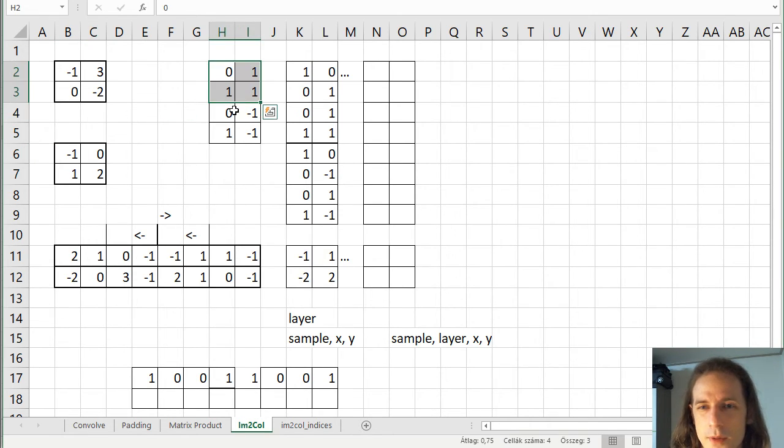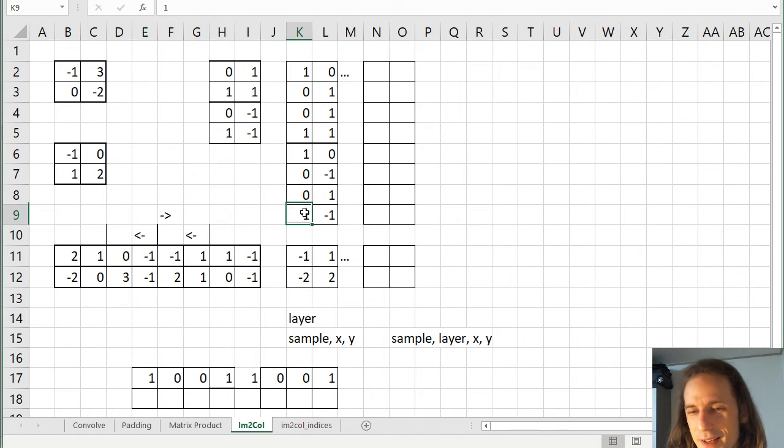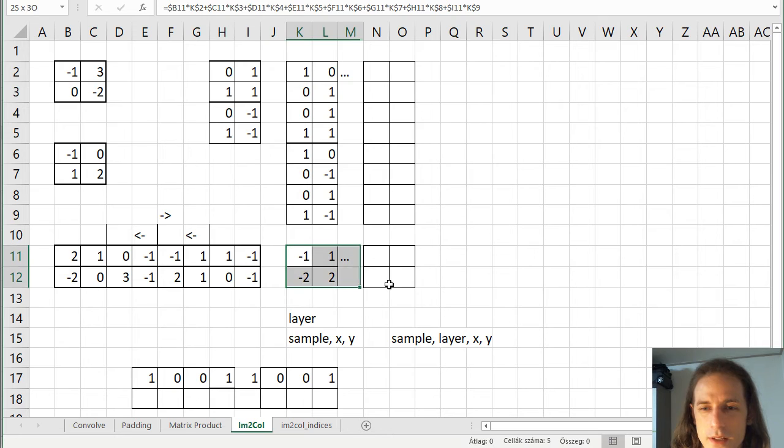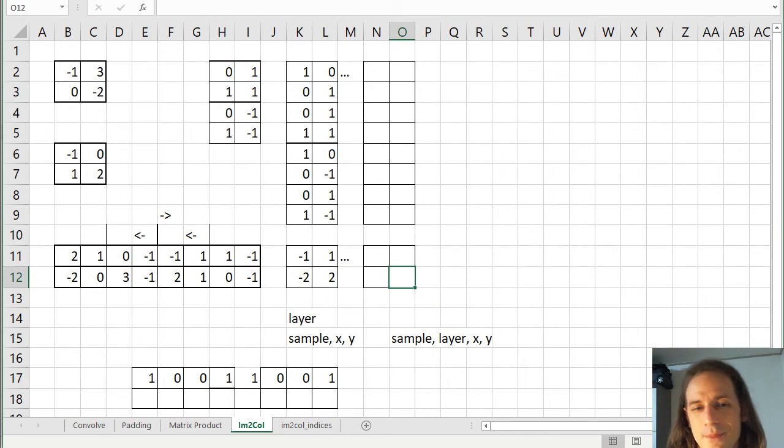Like this part of the image is flattened out like this. And this is gonna be 2 layers. Oh yeah, it's not as well describing this as I remember.